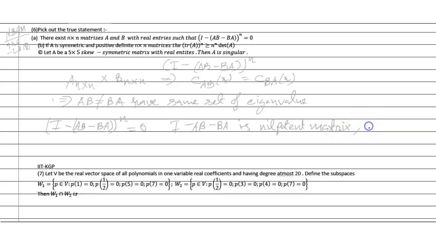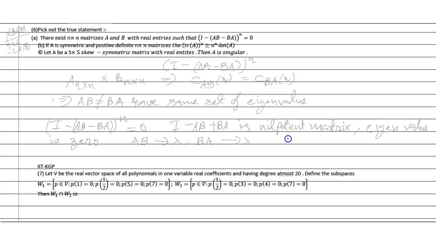So AB tends to lambda, and BA tends to lambda.